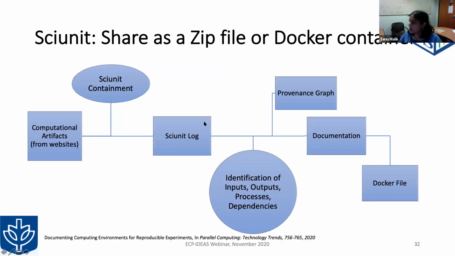Now this created Sciunit log that I have, and looking at how its actual graph is, we can identify what are the inputs, what are the outputs for an application. We can distinguish what are the system dependencies, what are the processes, and from that, by querying the package repositories, we can create a Dockerfile for that given application automatically.